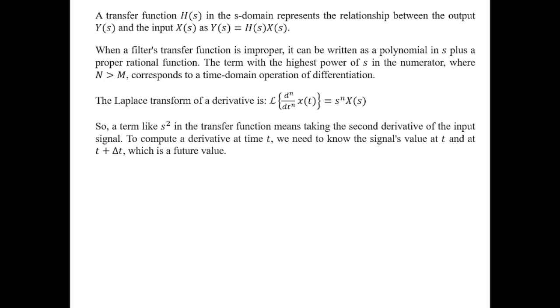So if you look into the Laplace domain equation, Y(s) is something like this, and the Laplace transform of the derivative of x(t) is given by s to the power n times X(s). So a term like s squared in the transfer function means a second derivative of the input signal. To compute a derivative at time t, we need to know the signal's value at t and at t plus delta t, which is a future value.